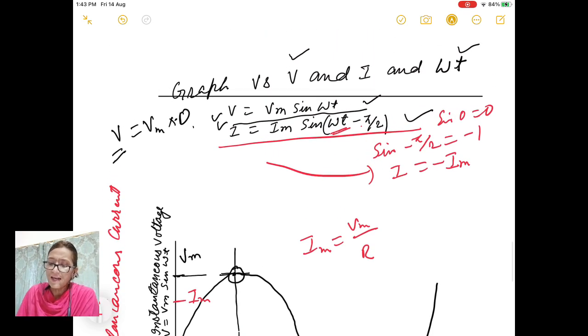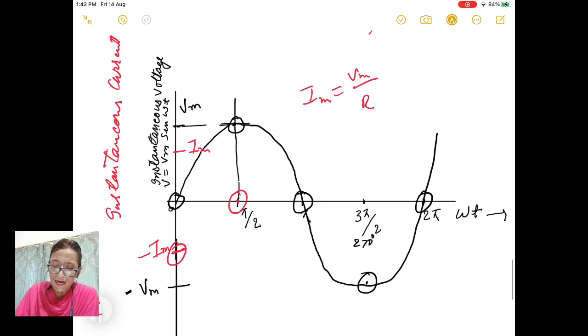Now next case, when you take omega t as pi, pi minus pi by 2, you are left with only pi by 2, and sine pi by 2 is equal to 1, and 1 into Im is equal to only Im.